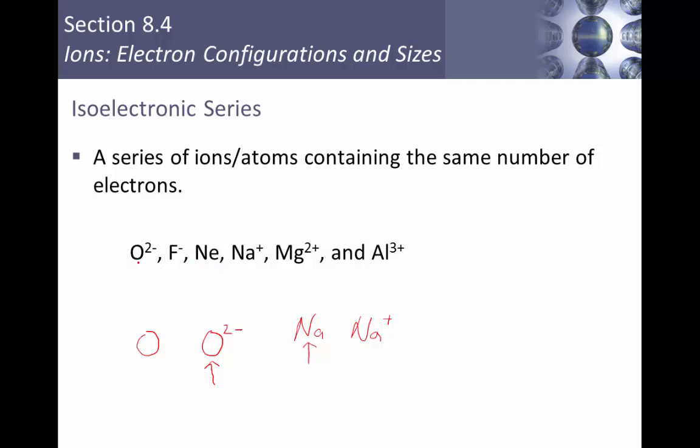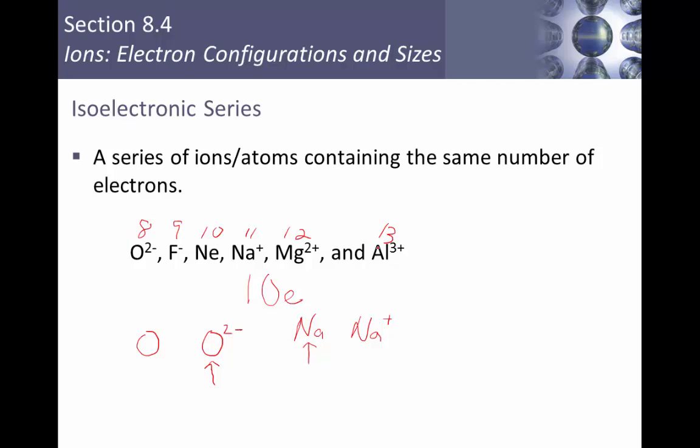So 10 electrons, 10 electrons, 10 electrons, and so on. You get the idea, right? They all have the 10 electrons, but they all have different protons: 8 protons, 9 protons, 10 protons, 11 protons, 12 protons, 13 protons.